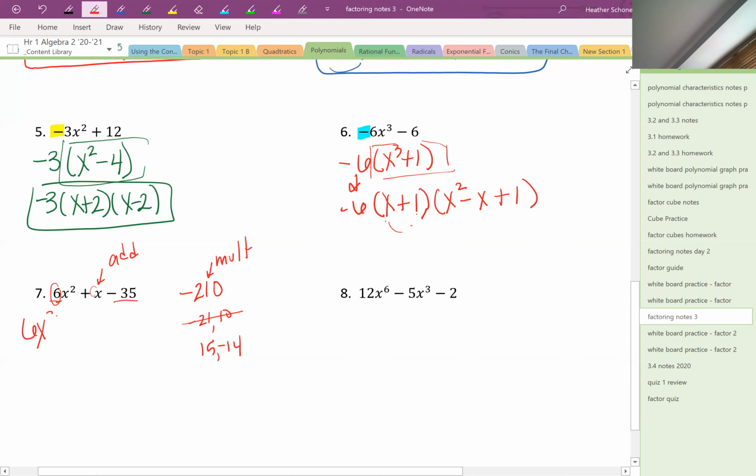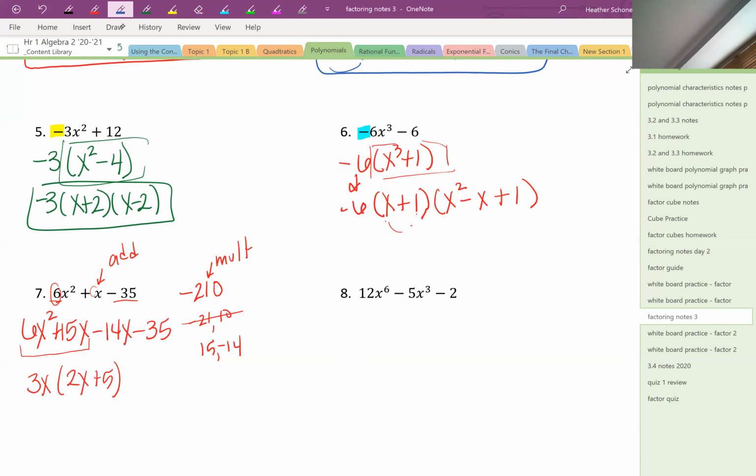So I'm going to have 6x squared plus 15x minus 14x minus 35. Now I'm going to factor it by grouping. Out of the first two terms, I can take a 3x out, and I'm left with 2x. 15 divided by 3 is 5. Whatever sign is in the middle, I'm going to copy it straight down.